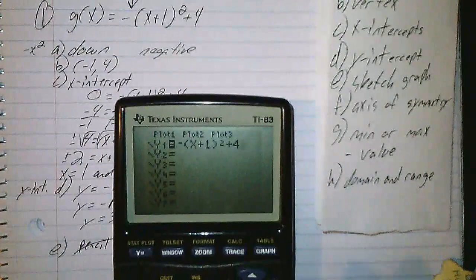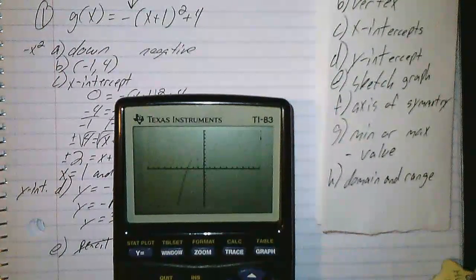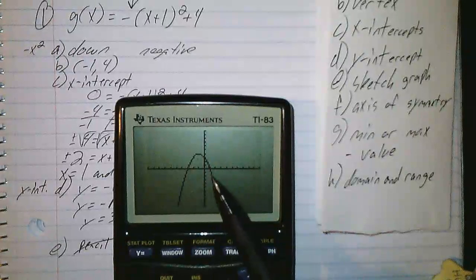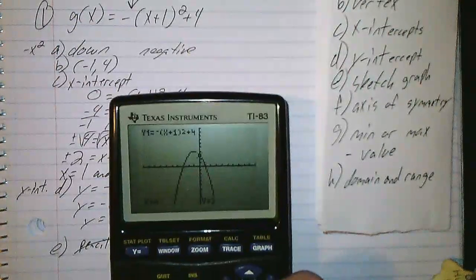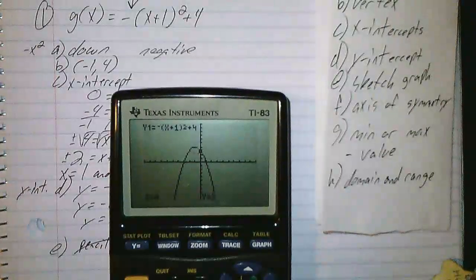So I'm going to put this in the calculator. I'm going to hit graph. I sure hope my intercepts are right. -3, 1, and 3 for the y-intercept. Looks about right. So that's what the sketch looks like.